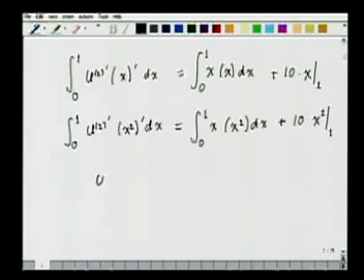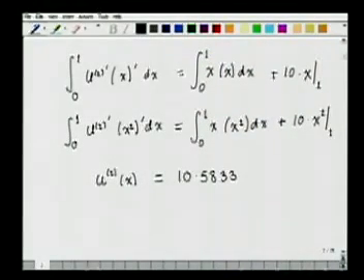And what we got in the last lecture was u2(x) equal to 10.5833x minus 0.25 x squared.